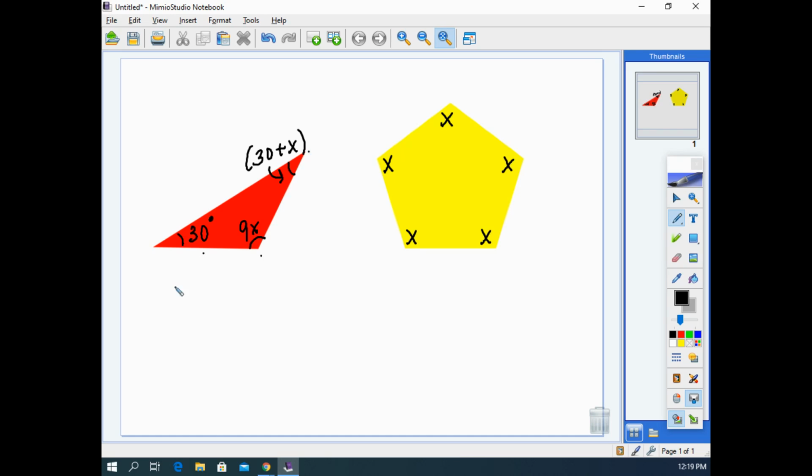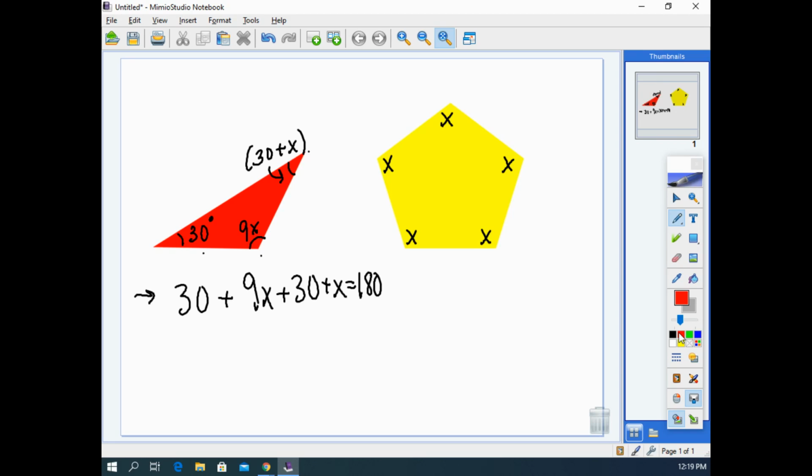So I'm going to write it that way: 30 plus the other angle, which happens to be 9x, plus the third angle should equal 180 degrees. Since you already know that the sum of the angle measurements of any triangle equals 180 degrees.